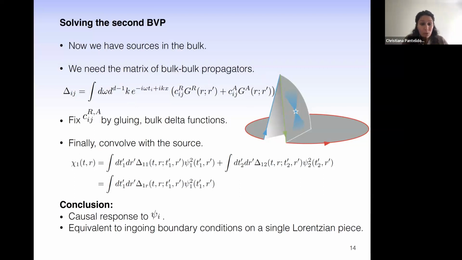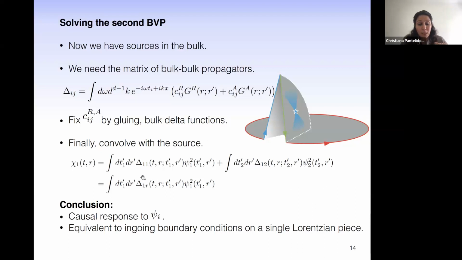So we can compute the fields chi1, chi2, and chi-e by convolving with the sources, which now are bulk sources, and they're given by psi1 square on segment 1 and psi2 square on segment 2. So chi1 will be delta 1,1 psi1 square plus delta 1,2 psi2 square. But from the previous calculation we did, psi1 and psi2 are the same, so we can factor them out.